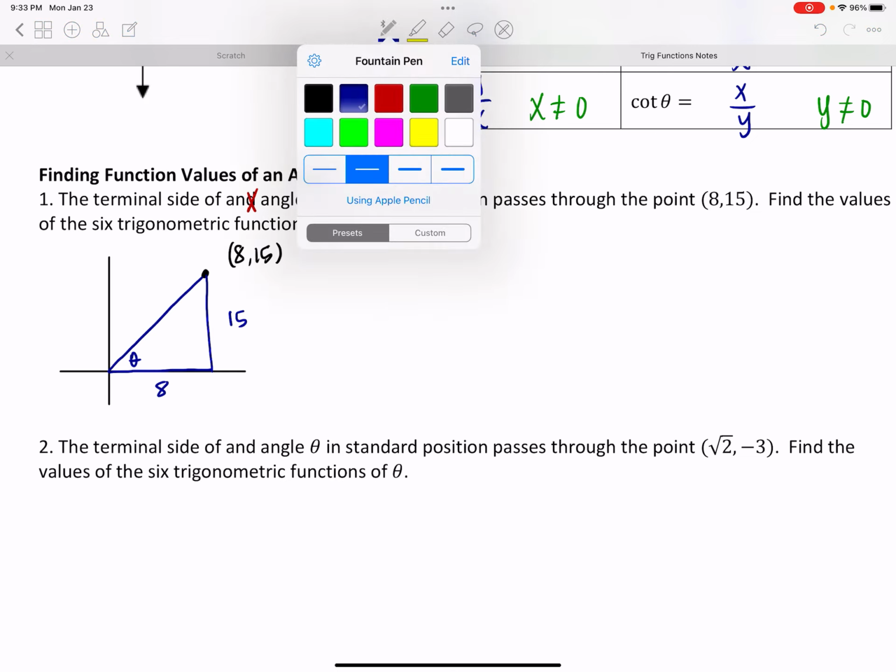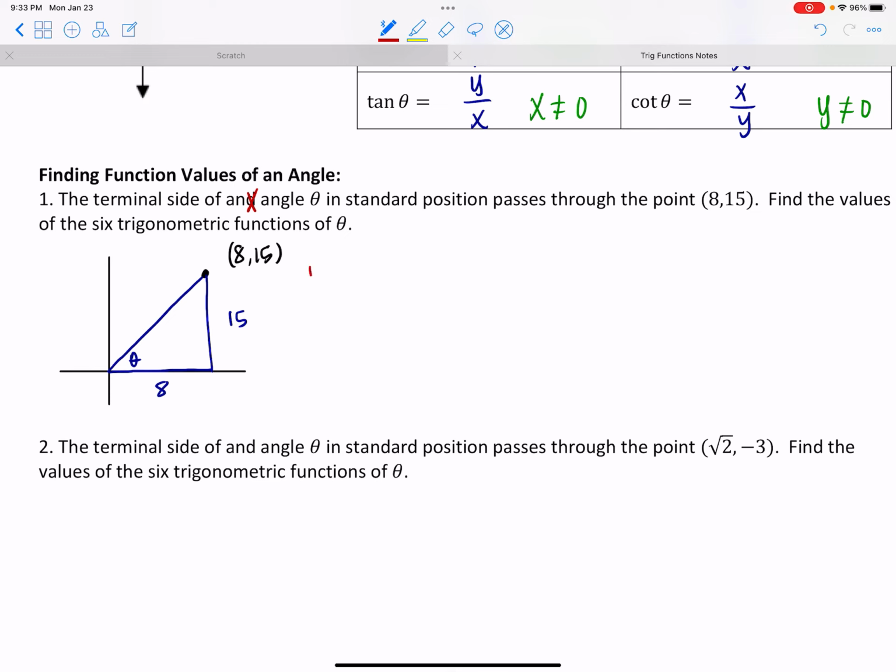So using the Pythagorean theorem, r squared has to equal 8 squared plus 15 squared. 8 squared being 64, 15 squared being 225, means we end up with 289. And I believe that's a perfect square. The square root of 289 is going to be 17.